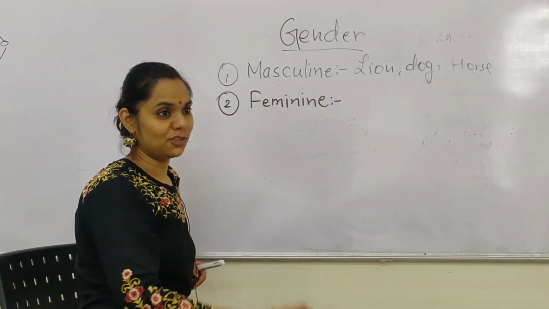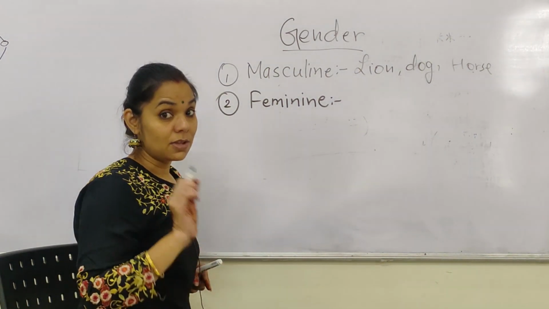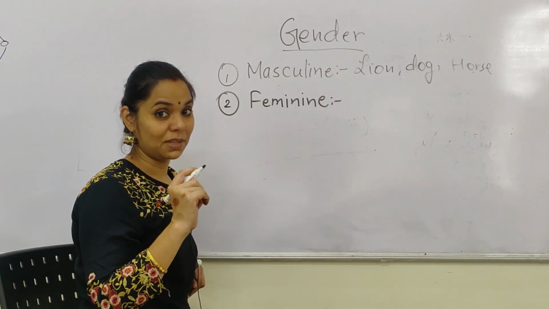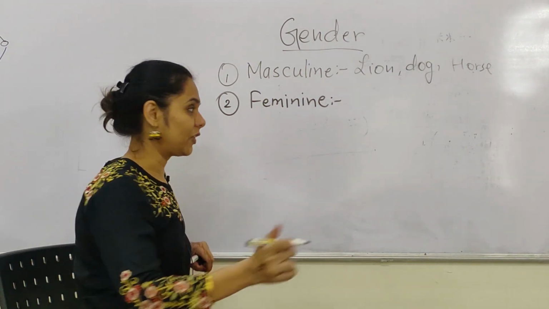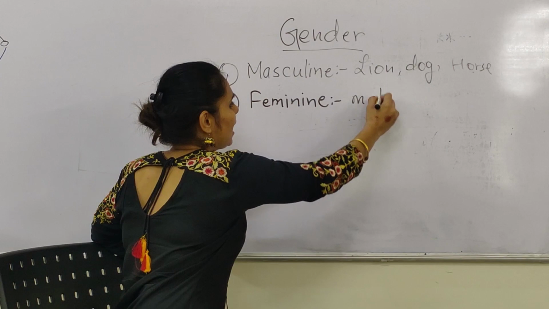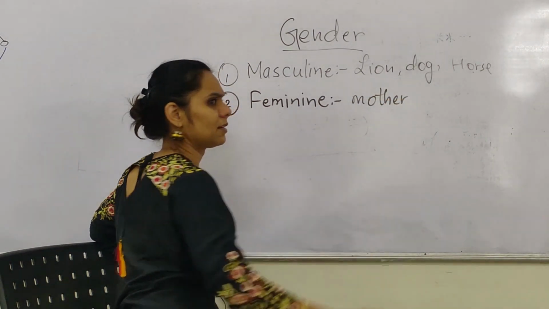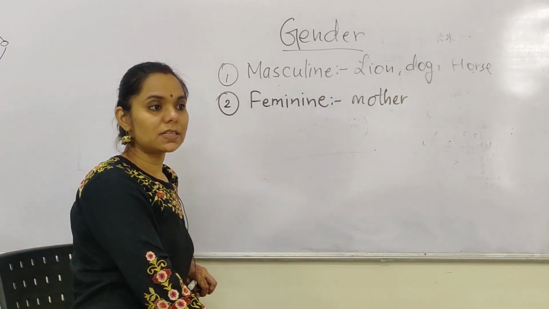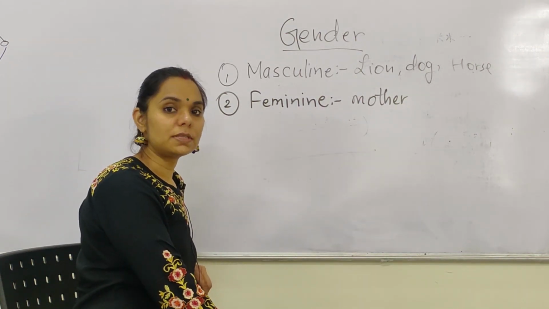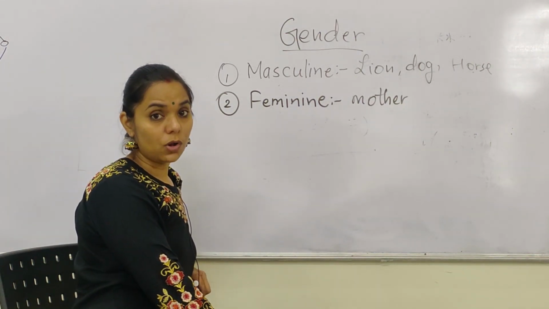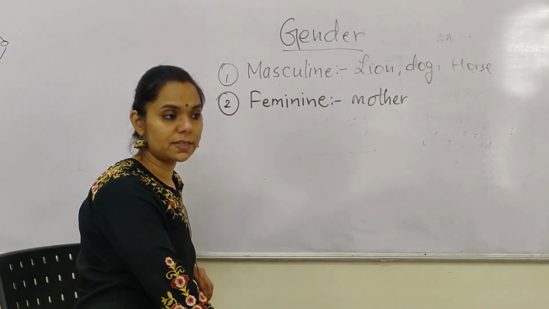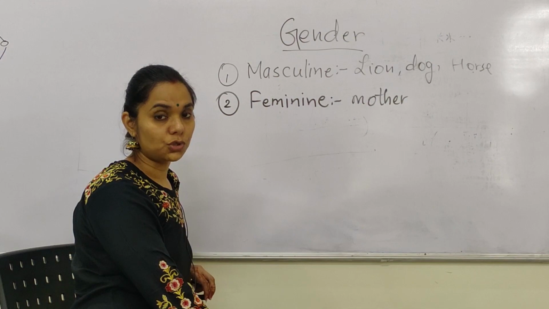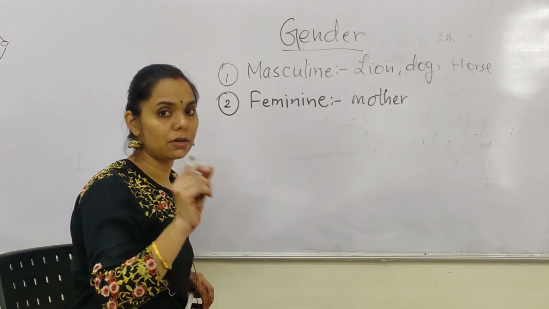Then ask them, if there is a family of ours, who will be masculine gender, a father or a mother? Remember, you already have taught this to them, but still you ask this question. They will say mother is feminine gender. If you have an aunt, whether she is a masculine gender or feminine gender, see, language is all about applying your common sense in conversation. They are already aware of these things. It's just that they cannot relate due to their unawareness of language, especially the vocab.